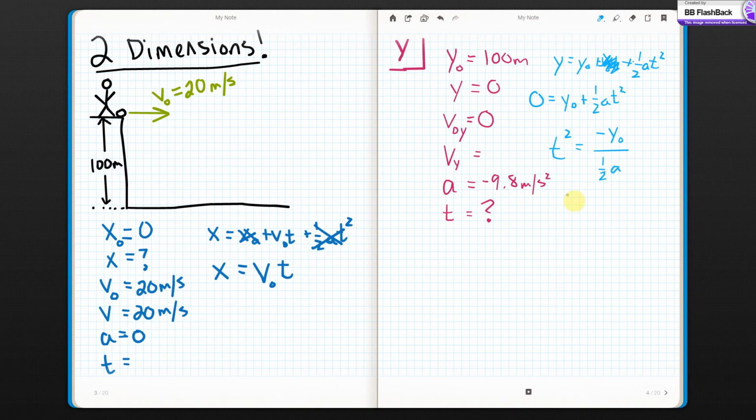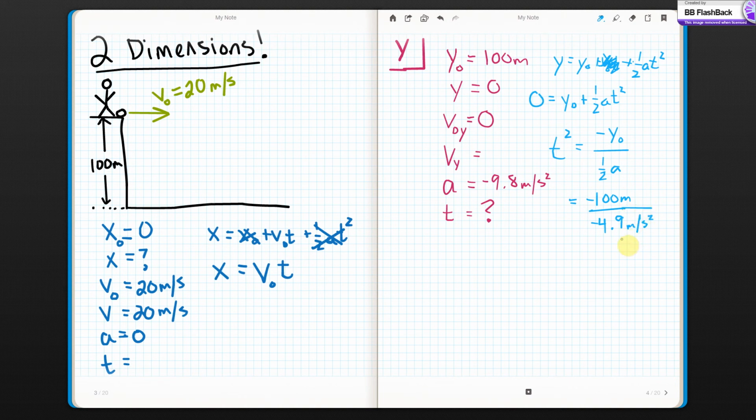Like that. Okay. So let's plug some numbers in. I've got negative y naught, so 100 meters, and 1/2 of a is 4.9, so I'm going to have negative 4.9 since it's negative 9.8 meters per second squared.